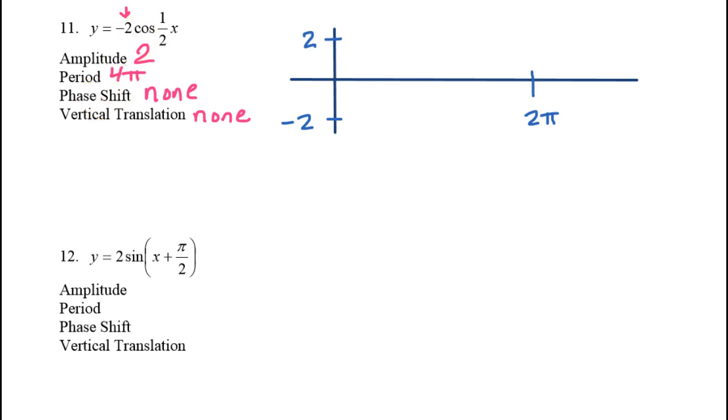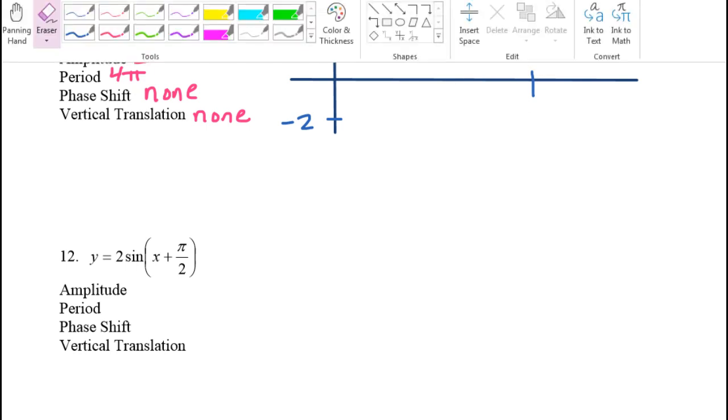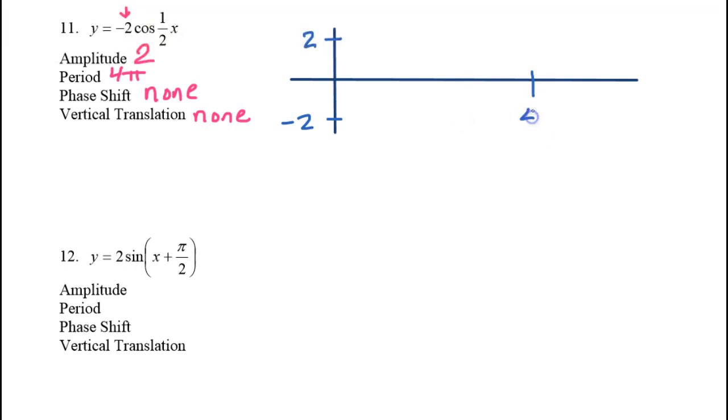The period is 4 pi, so if I jump to the end of the period, which is what I'm doing, this should be 4 pi. And then if I go to the middle, that should be 2 pi. And then of course half of that will just be 1 pi. So you can see the pattern, 1 pi, 2 pi, 3 pi. So now we've labeled the x-axis.